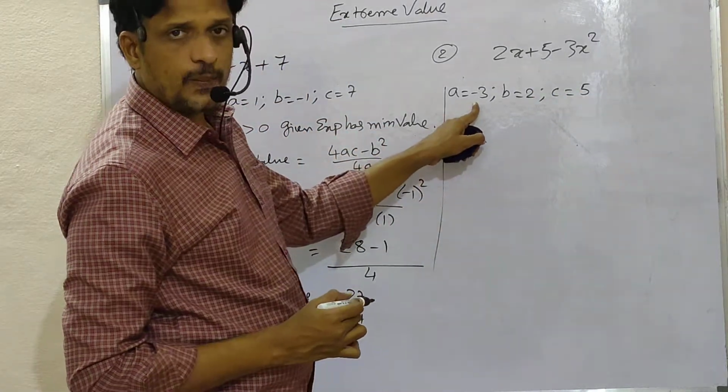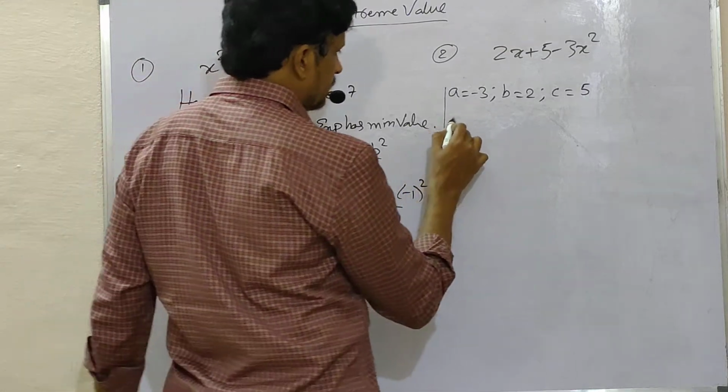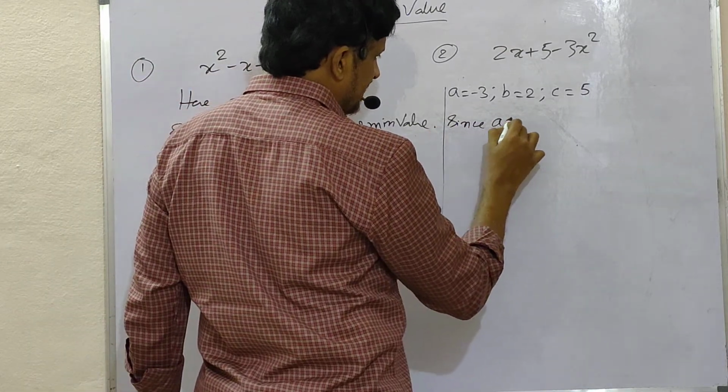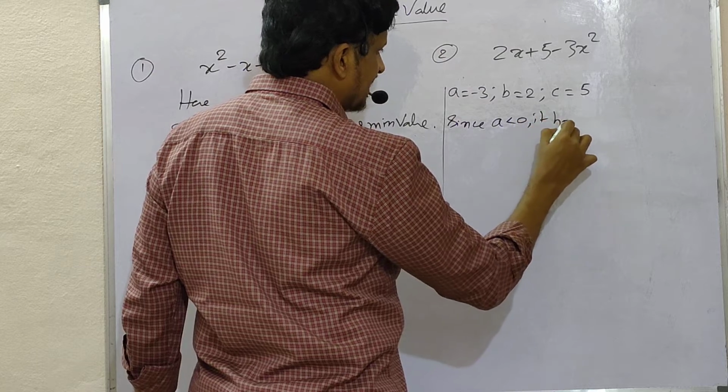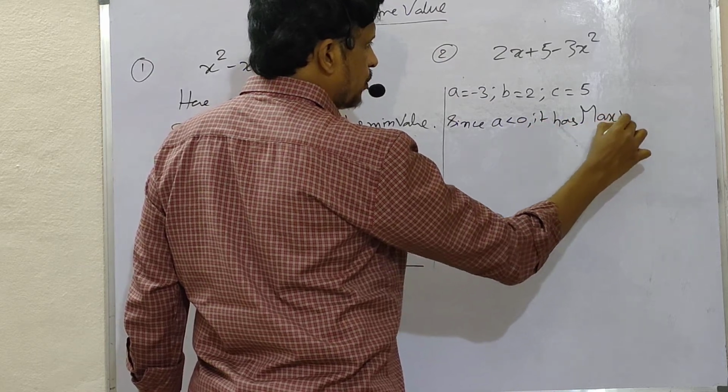Since a is equal to -3, that is negative, it has a maximum value.